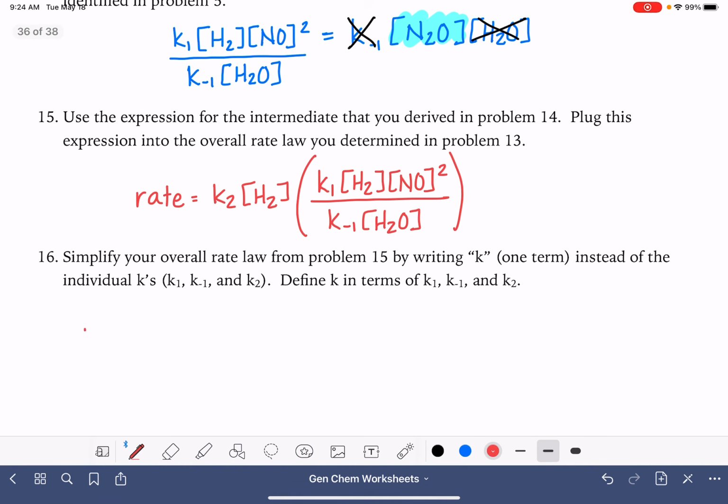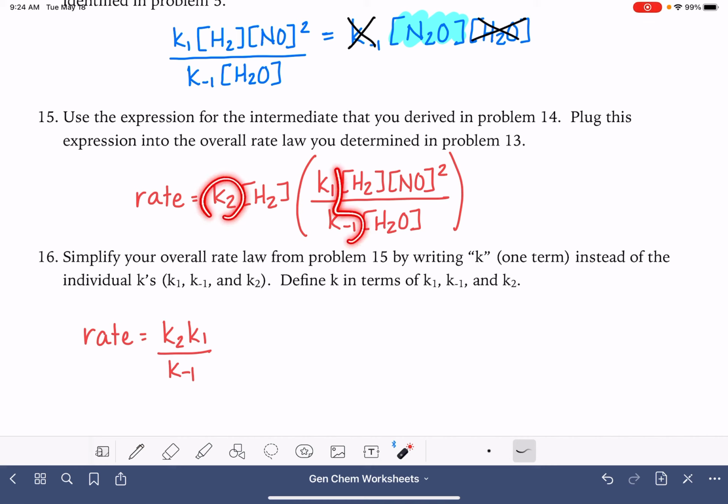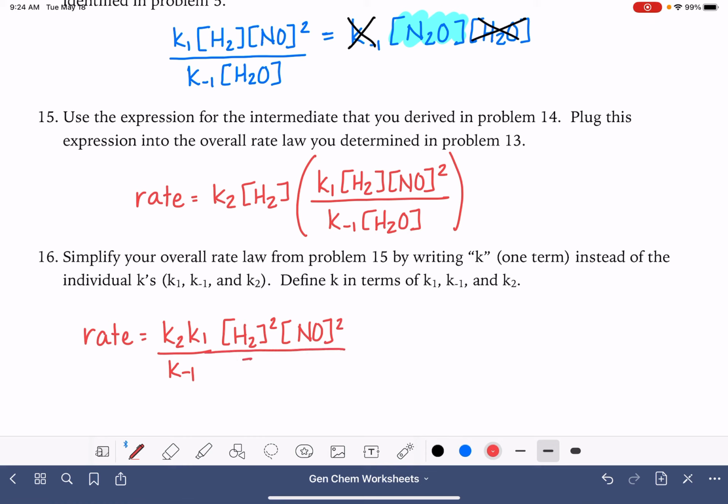I'm going to simplify this by collecting all of the K's. So I'm going to have my K2, my K1, and my K to the -1. So I've just taken all of these and put all of these together. And then I'm also going to combine all of my concentrations. I've got H2, and I have another H2 as well. So that's going to be squared. And then I have the NO, which is squared. And that's going to be over the H2O.